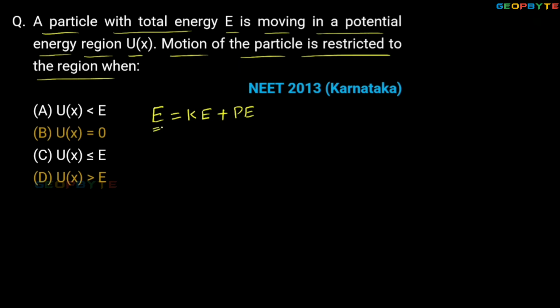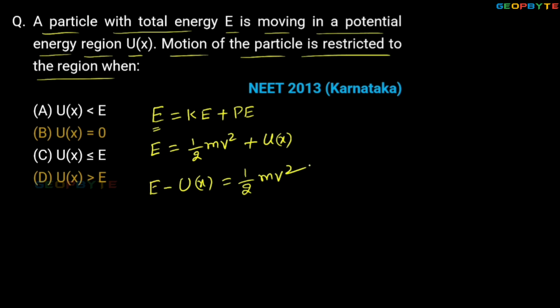E equal to kinetic energy half m v square plus potential energy U of x. From this, E minus U of x is equal to half m v square.